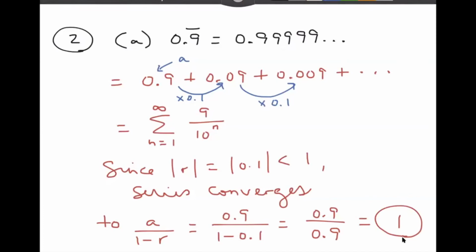For example, 1 can be written as 1. It can also be written as 0.9 repeating.